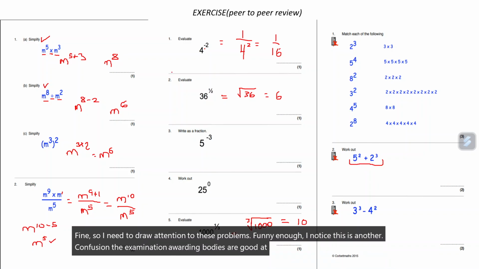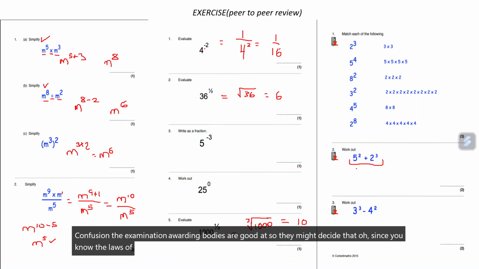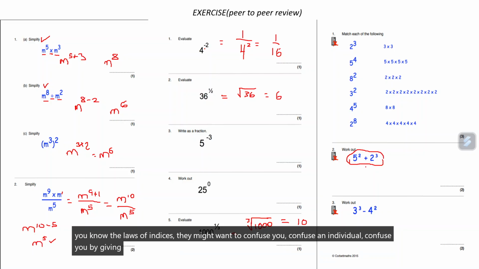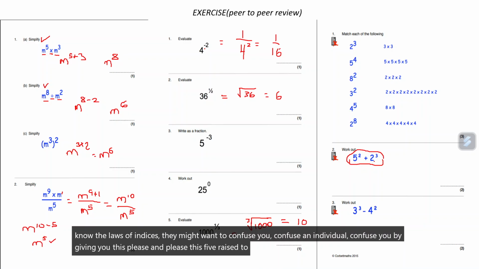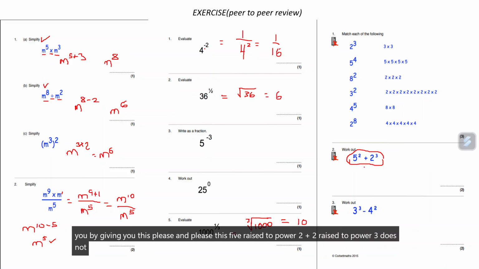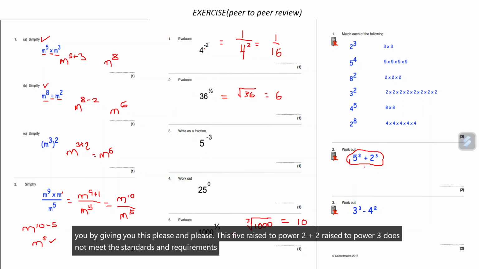Since you know the laws of indices, they might want to confuse you by giving you this. Please and please, this 5 raised to power 2 plus 2 raised to power 3 does not meet the standards and requirements of the laws of indices.